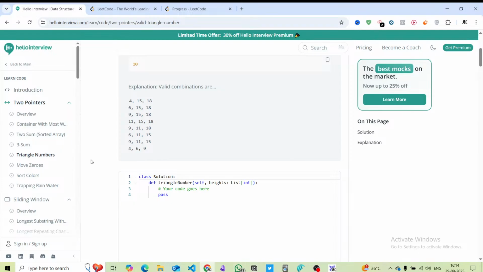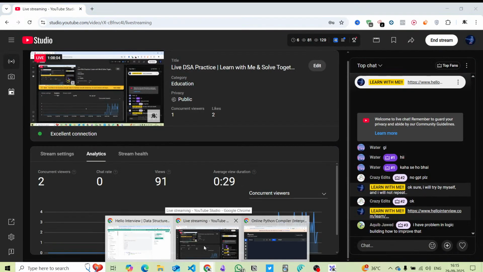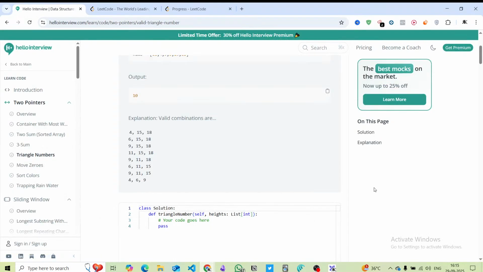Take the trapping rainwater problem, the last problem we solved. If you directly try to solve it, it's very hard. I solved it months ago, but I didn't get the intuition on how to solve that.